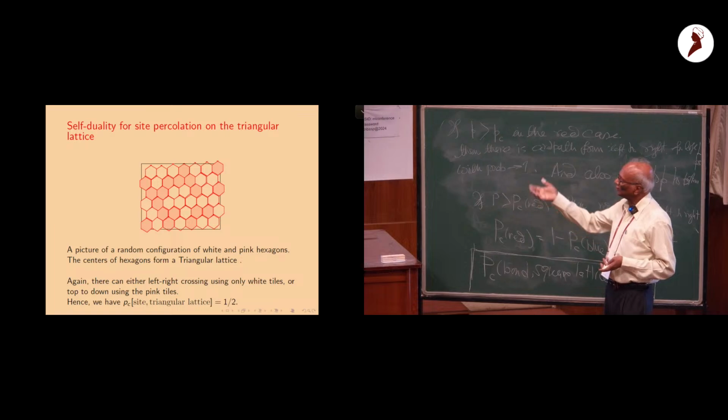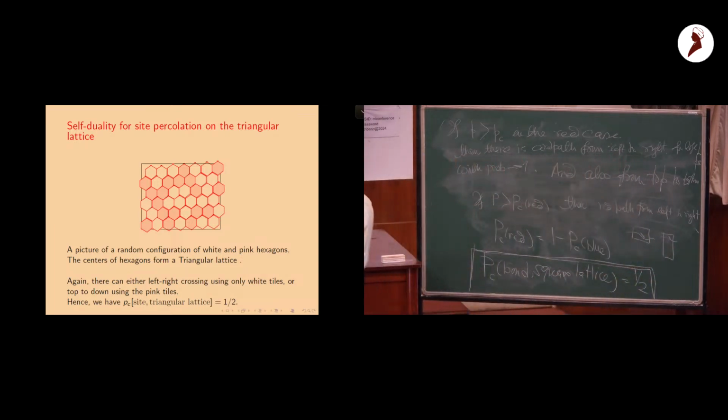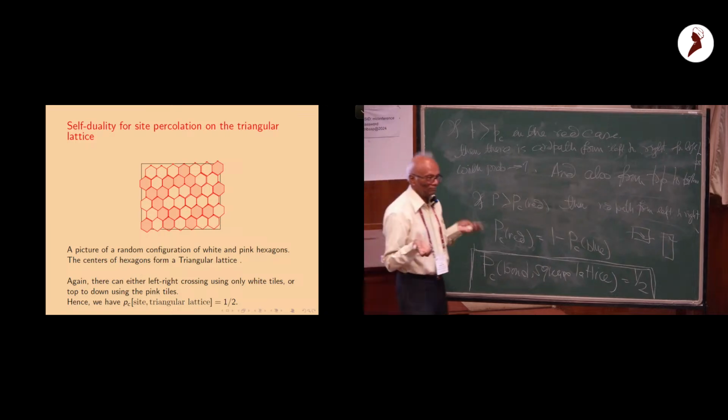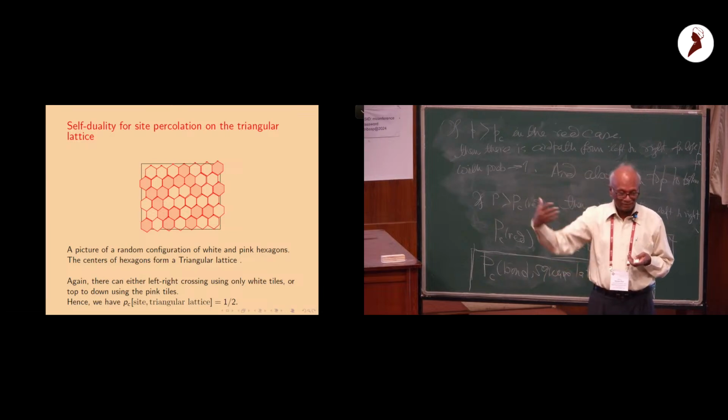It's actually the dual, but let's not quibble about this. On this lattice, each hexagon is either pink or white, with probability P and 1 minus P.